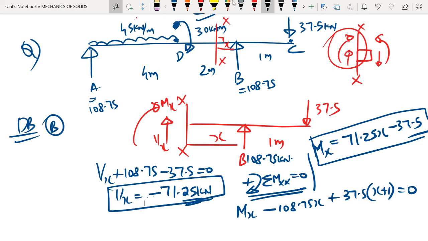Now let us try to find it out for the region BC.